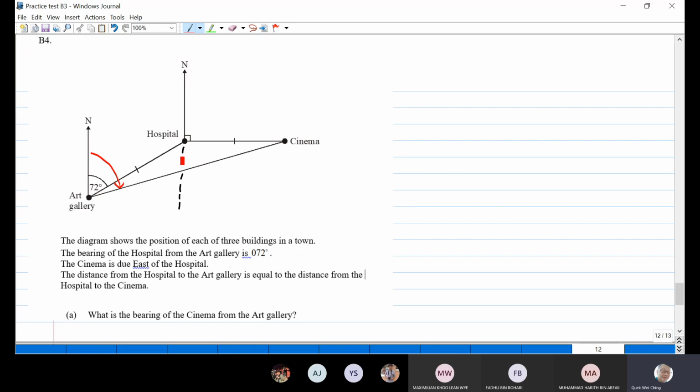Because it's a parallel line to north. So this one is 72. So you draw it. This is 72. I know that this one is 90.